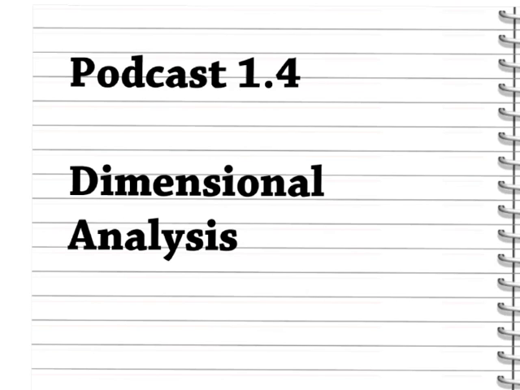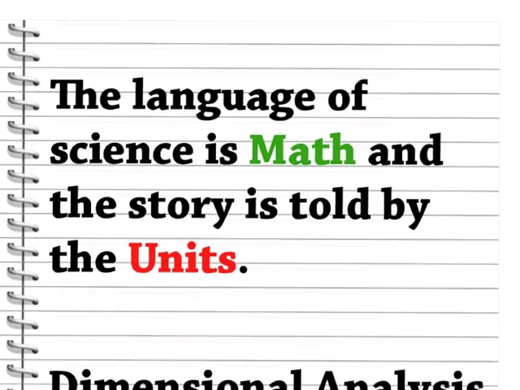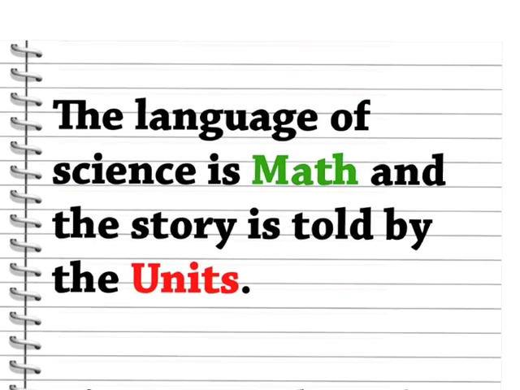Now, let's go back for a second. If you remember the first podcast, one of the things that we stated was the language of science is math, and the units tell the story, which means we can have data in big numbers or small numbers or decimal numbers, but we don't know the actual meaning of that number until we know what the units are.